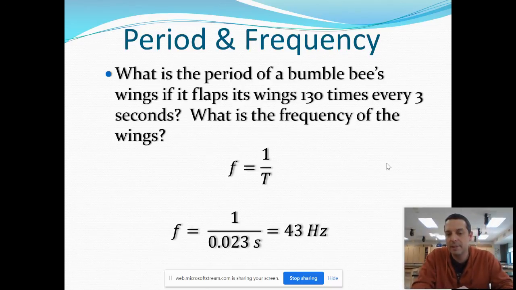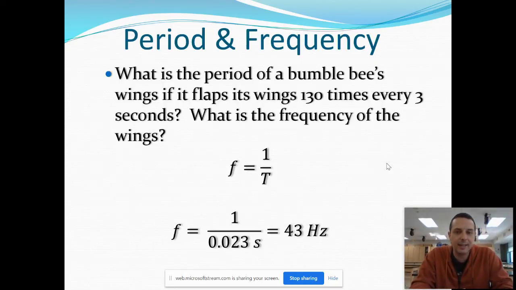So to figure out how many times it flaps its wings in 1 second, we just take the inverse. 1 divided by 0.023 seconds is 43 hertz. What that basically means is that this bumblebee is flapping its wings 43 times every second. It would be 43 and 1/3, but we're using significant figures, so we're not going to go on perpetually. So the frequency here is 43 hertz.